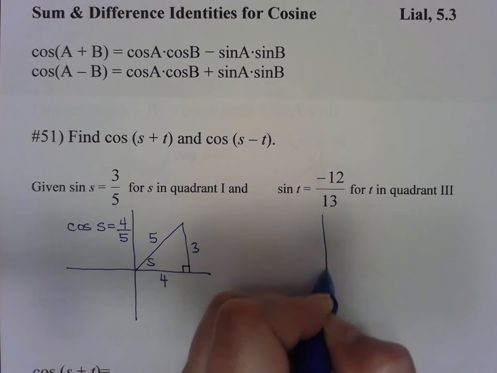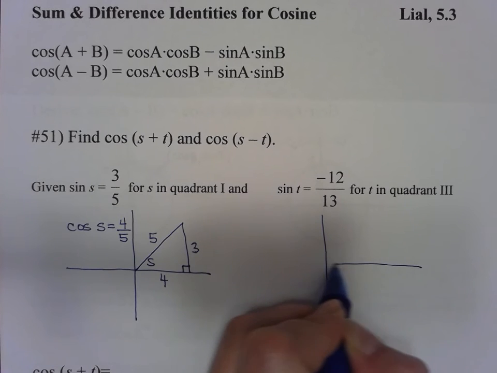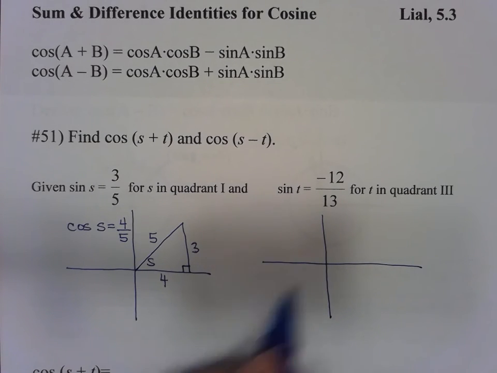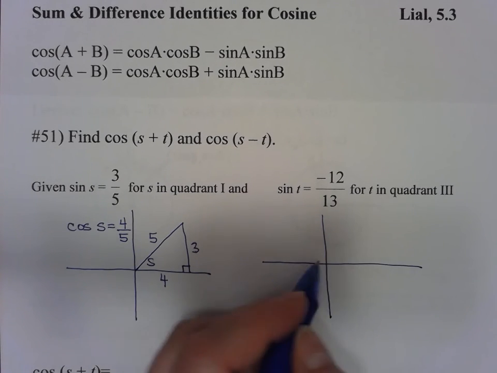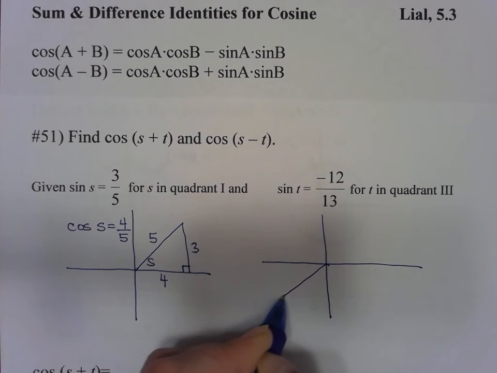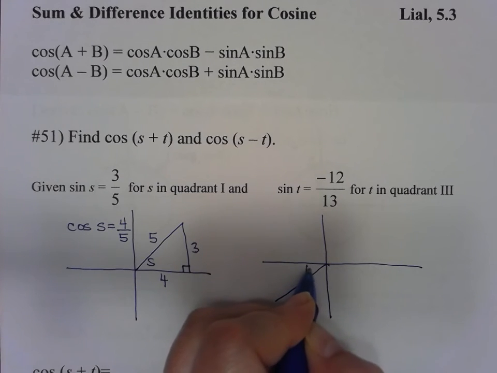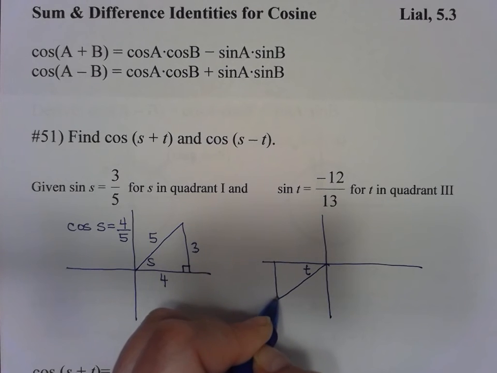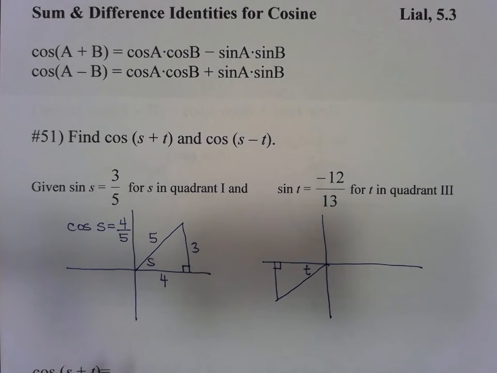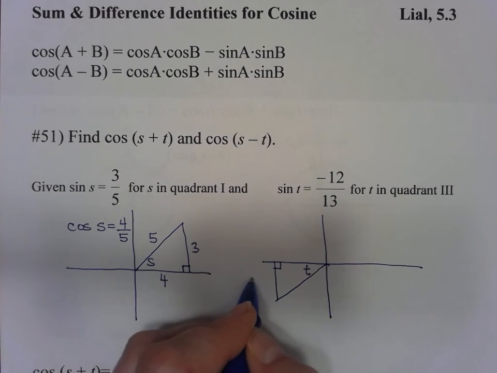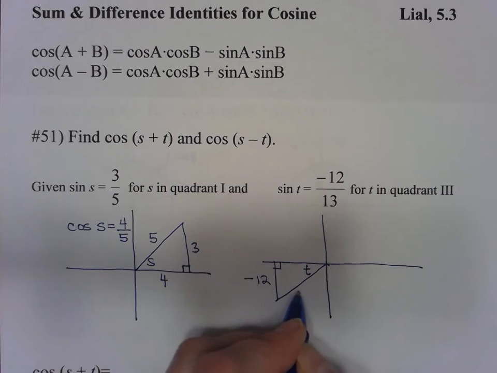Okay, let's do the same thing for angle T. Angle T is in quadrant 3. And we've talked a lot about our ability to use a reference angle with the x-axis. So the sine of T, opposite over hypotenuse, would be negative 12 over 13.